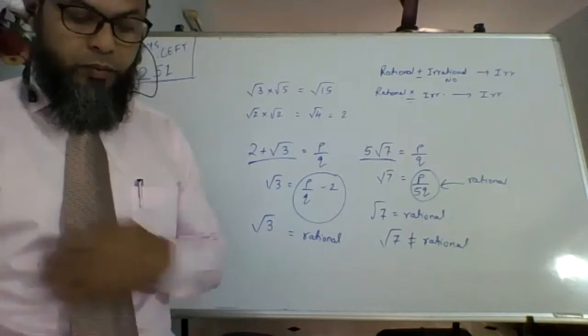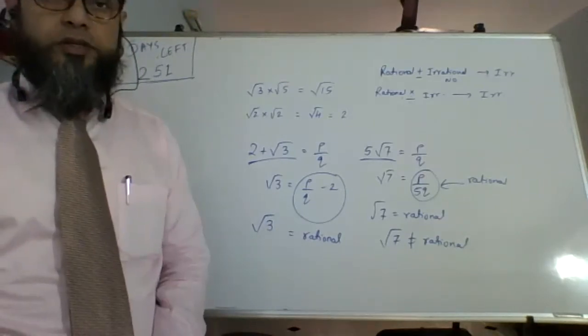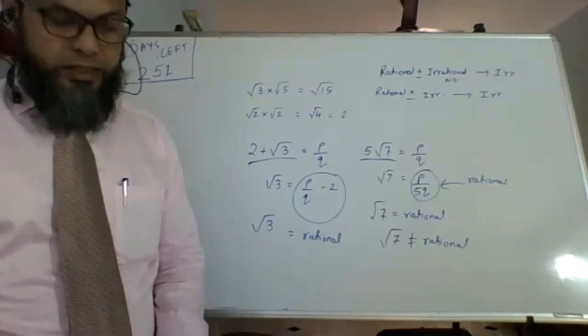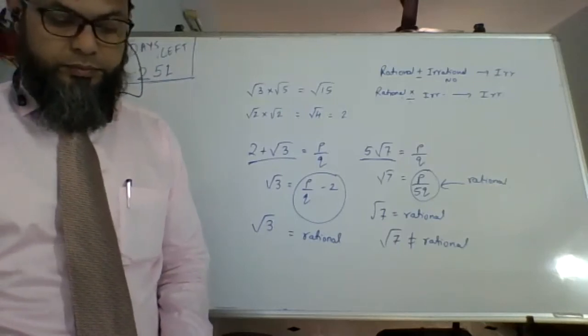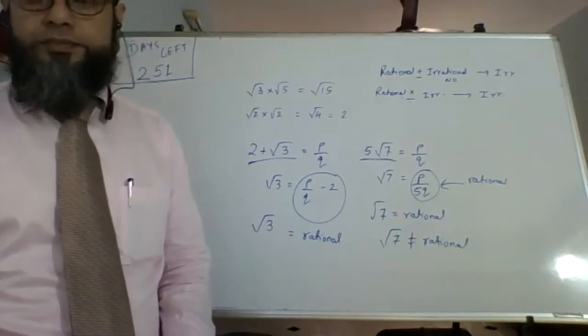लिख लो, properties of irrational numbers. What does it say? First, addition or subtraction.